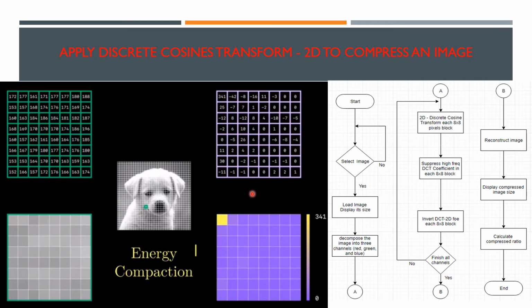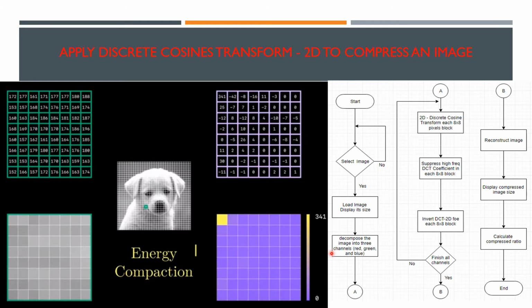Based on that observation, I wrote a program to compress images based on the discrete cosine transform. On the right-hand side is the flow chart of the program. At the start, we select an image and load it into the program.